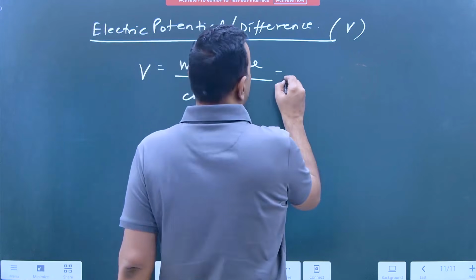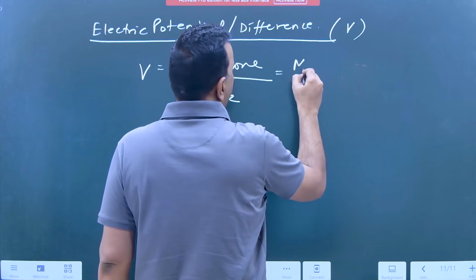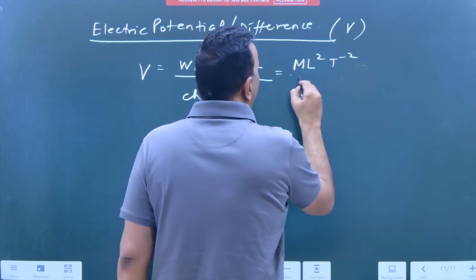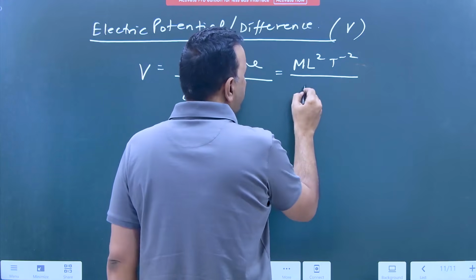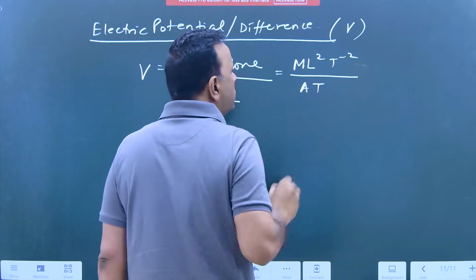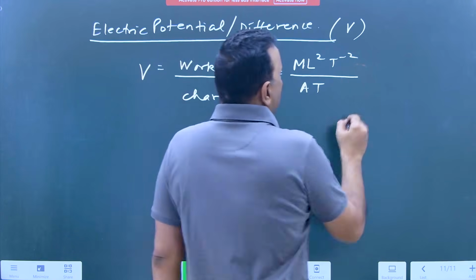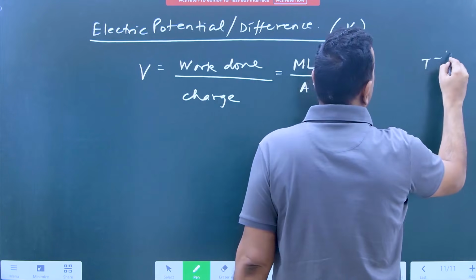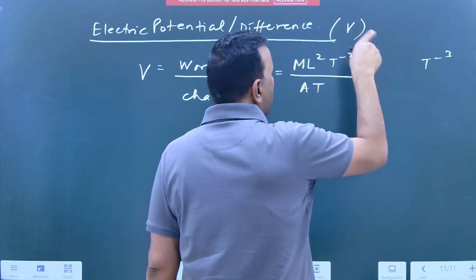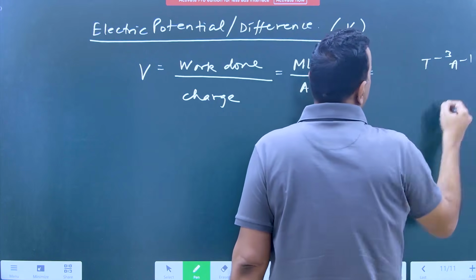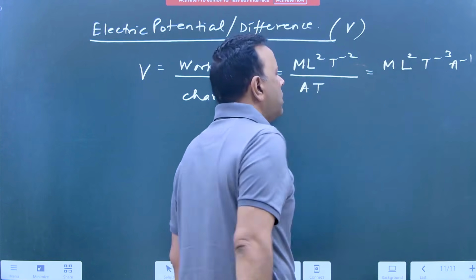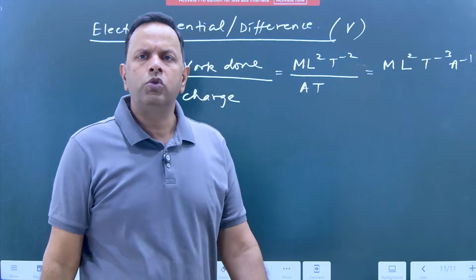Now, for the work done, we already have written ML2 T minus 2, and the charge I wrote previously as A into T. So tell me, if the T goes up, it becomes T minus 3. A goes up, it becomes A minus 1. And M, L2 are in their places as usual.